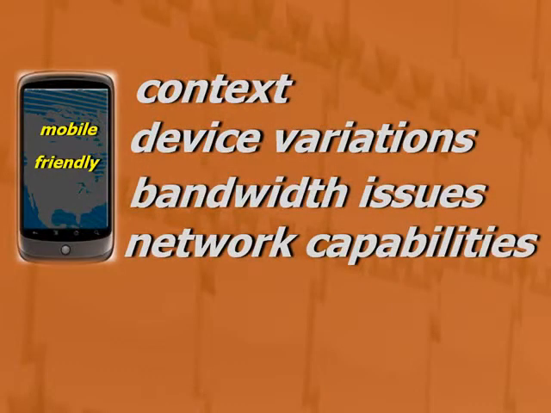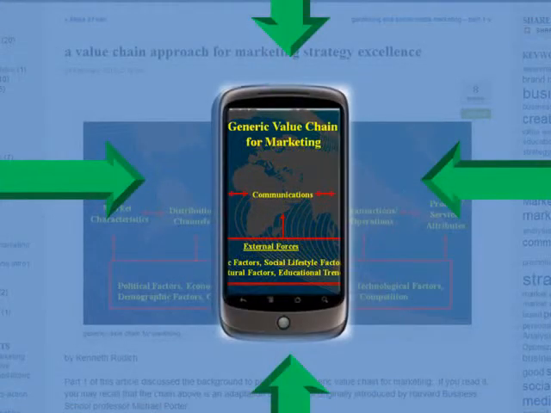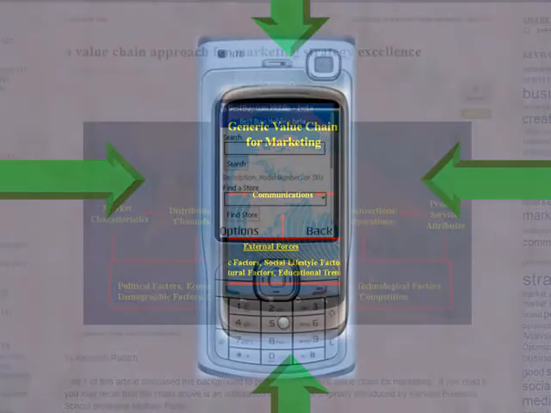These website standards consider such matters as the context of mobile use, device capability variations, bandwidth issues, and mobile network capabilities. They also provide guidelines for designing the site, the most obvious of which involve the smaller size of a handheld device. You can't really hope to fit the same amount of information in the palm of a hand as you can on a desktop screen.